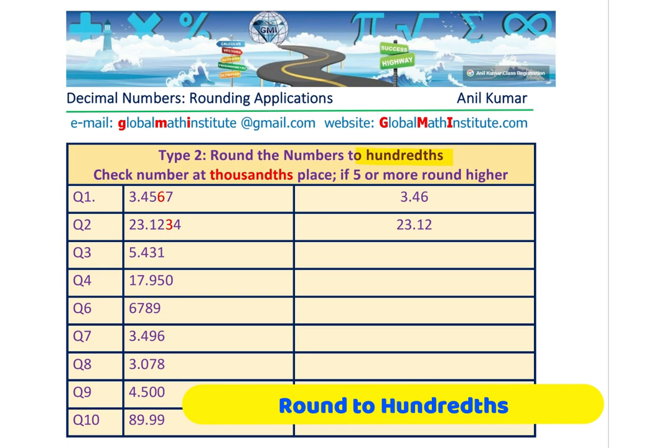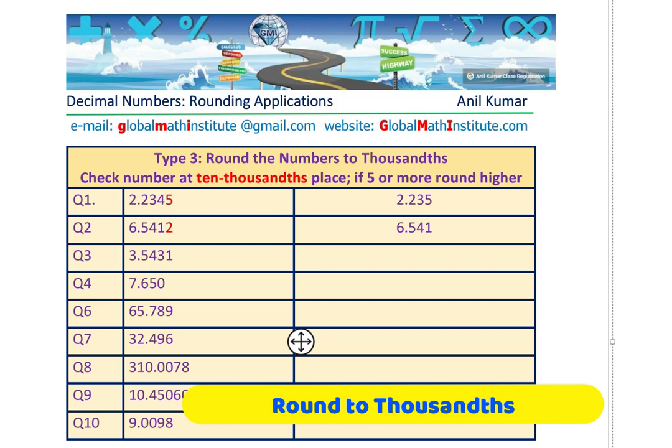You can pause the video at this stage, answer these questions, and at the end of the video, you can look into their solutions and the strategy to be followed. And here are 10 questions for rounding to the nearest thousandths. Once you understand this rounding, then we'll have two questions for you.